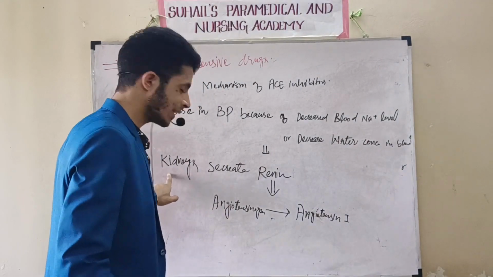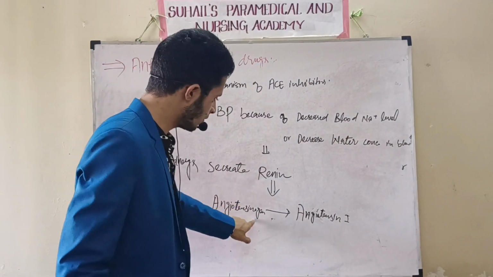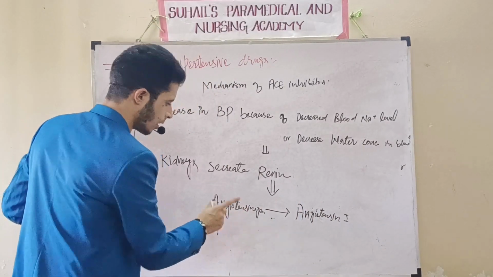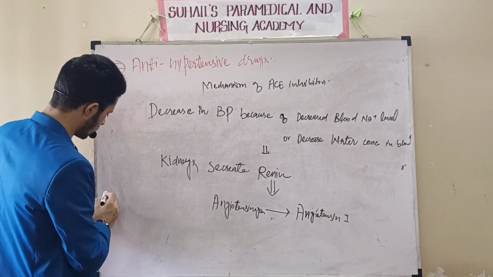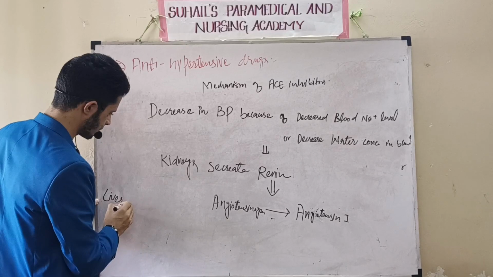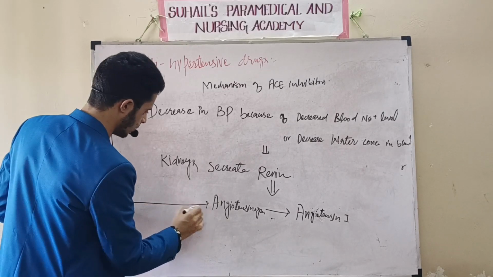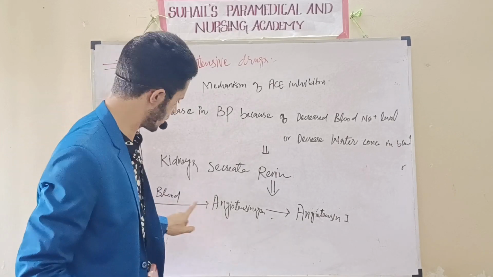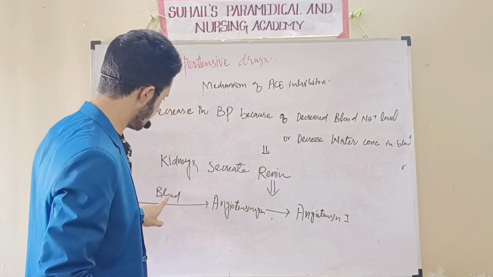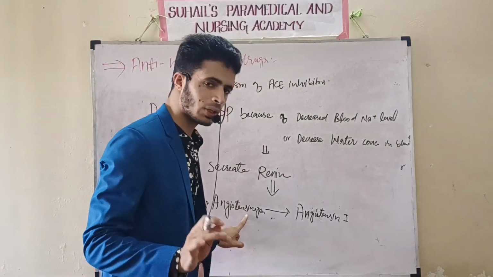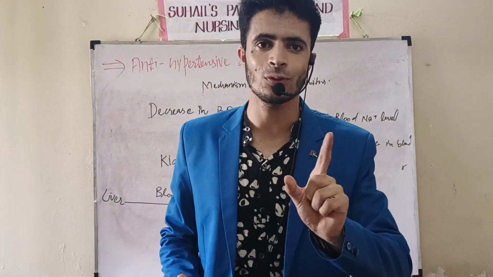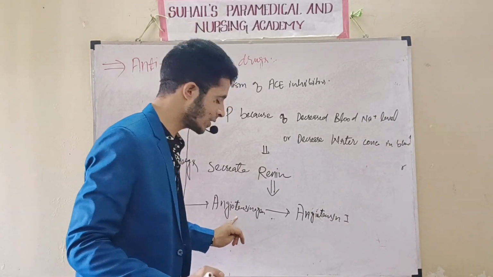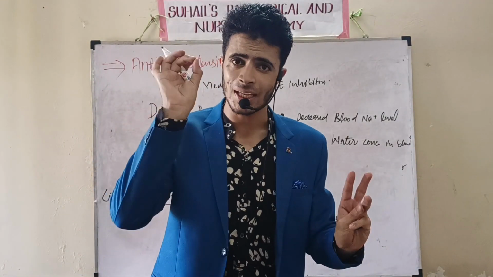So when the kidney secretes renin, it converts angiotensinogen into angiotensin first. Remember, this angiotensinogen is already present in the blood. It is produced by the liver. The liver already produces it in the blood. This angiotensinogen is actually an inactive form. It is an enzyme, but this angiotensinogen does not work. It is an inactive form.